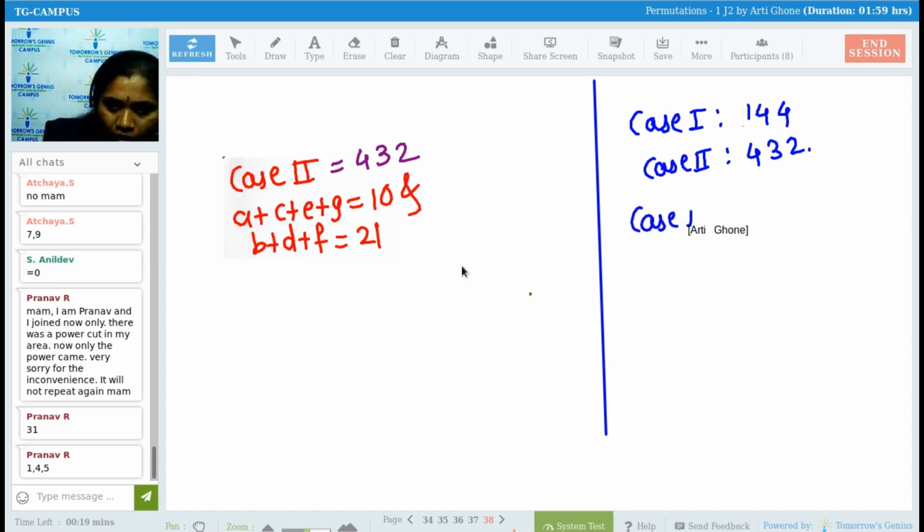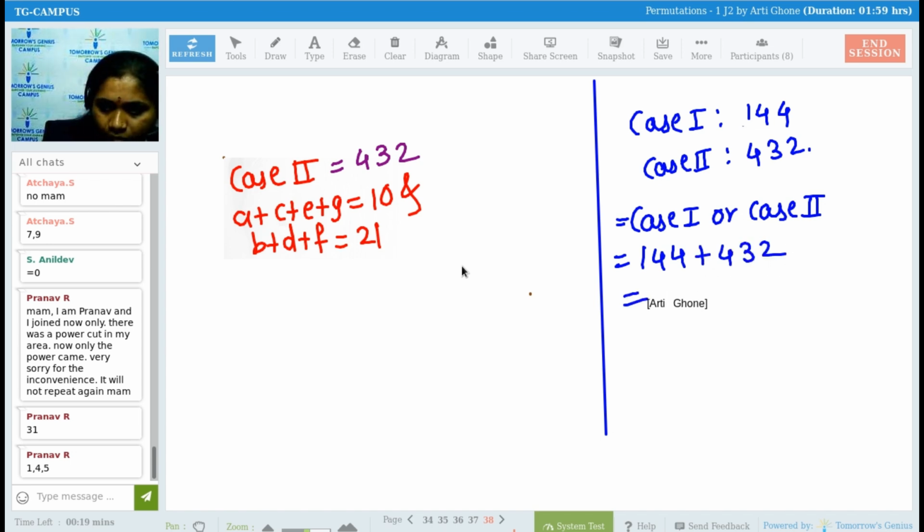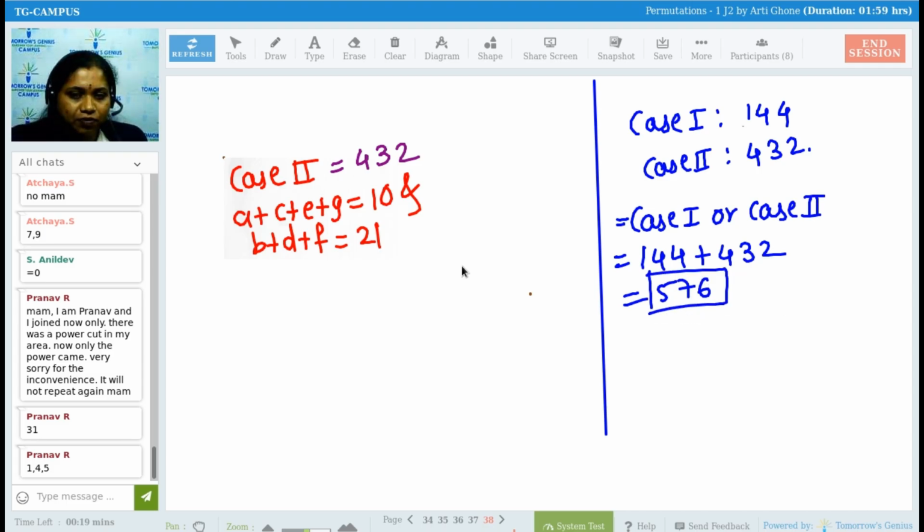so either case 1 or case 2 will occur. So what is the total number of solutions? 144 plus 432, so that will be 576. So you need to place the numerical value 576 as the answer.